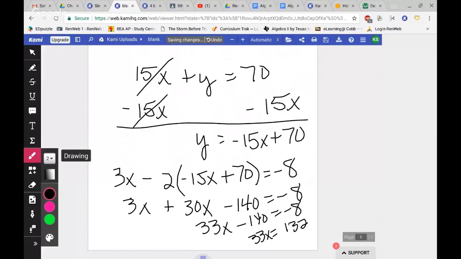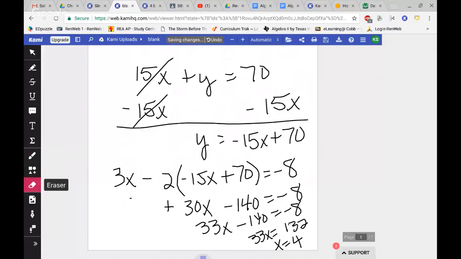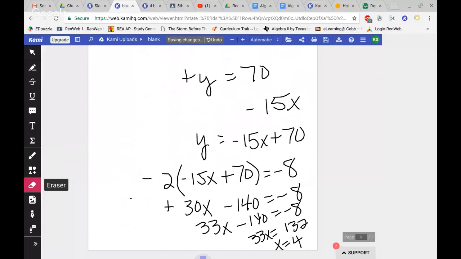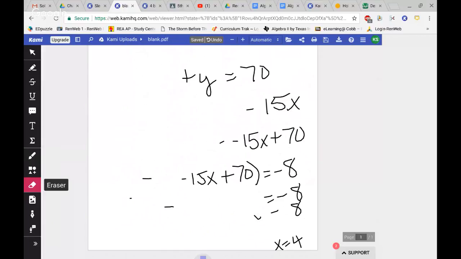And then 132 divided by 33 is 4. So now you would take that x and substitute that value of 4 back into one of the equations.